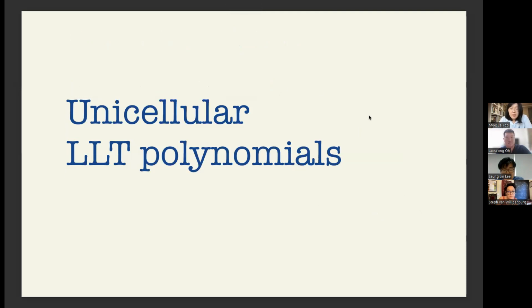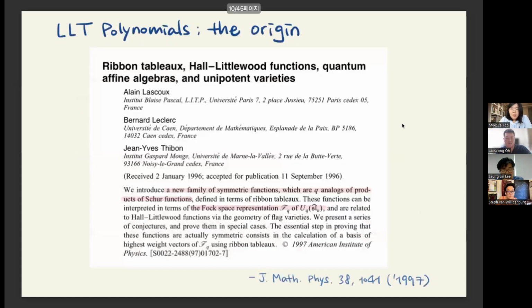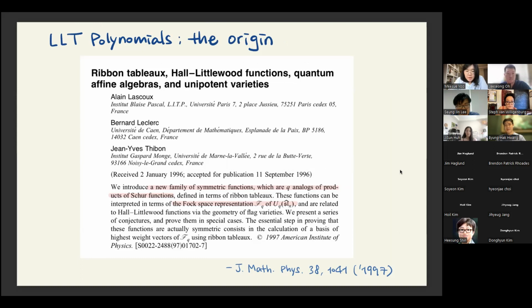And let me define the other symmetric function, which is unicellular LLT polynomials. But let me just define the LLT polynomials in general first. So LLT polynomials are symmetric functions introduced by Lascoux, Leclerc, Thibon in 1996. And they came up in the process of studying the Fock space representation of U_q(sl_n hat).